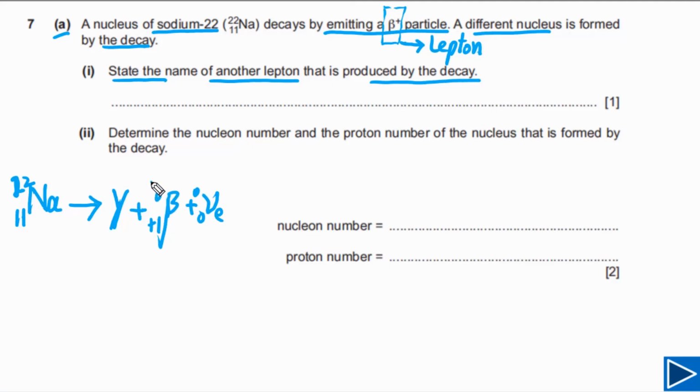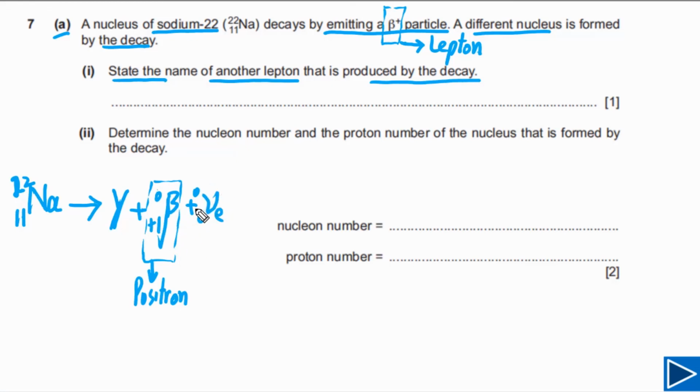Why does this one have to be an electron neutrino? Because this particle is a positron, and a positron is the antiparticle of the electron. It has lepton number -1. But this nucleus has 0 lepton number. So in order to conserve lepton number, this has to be an electron neutrino.